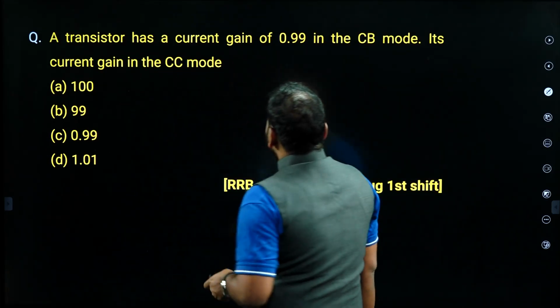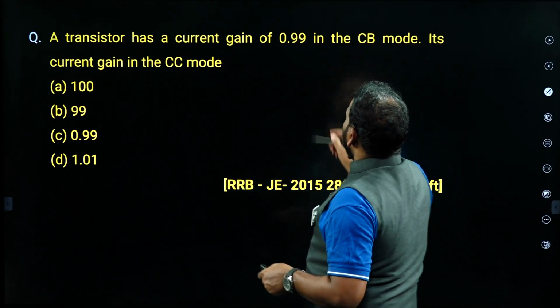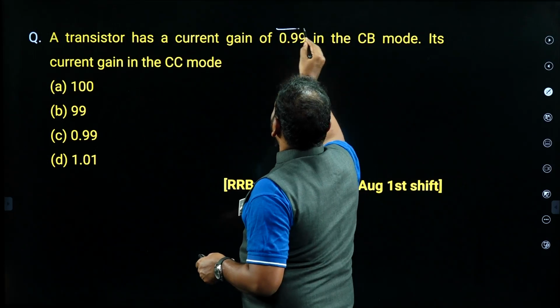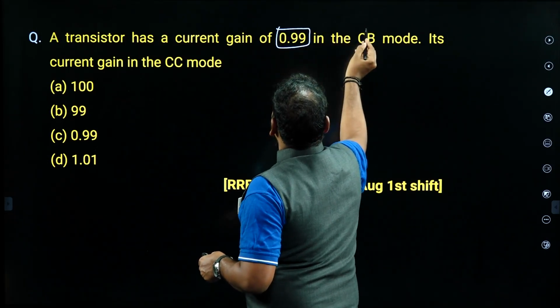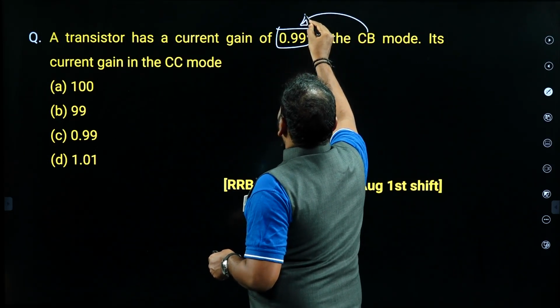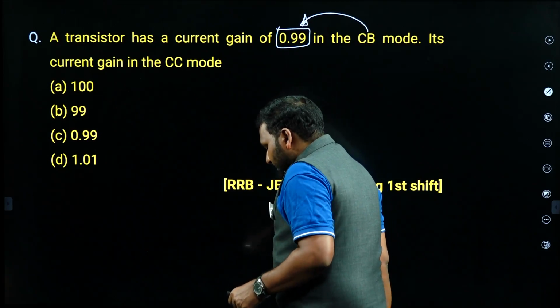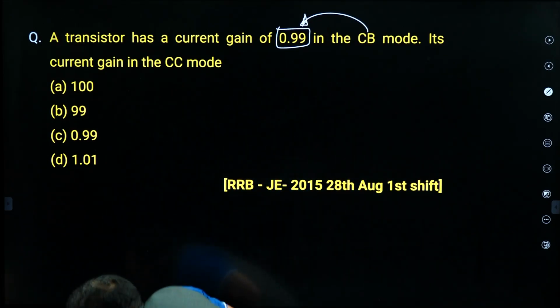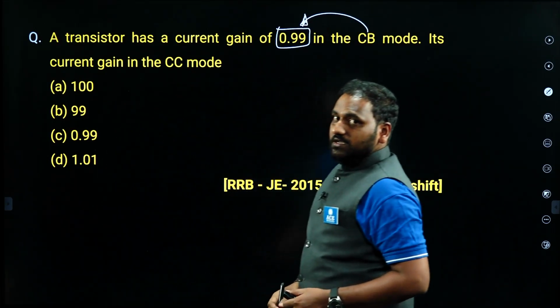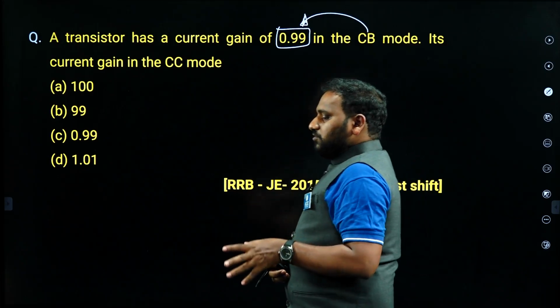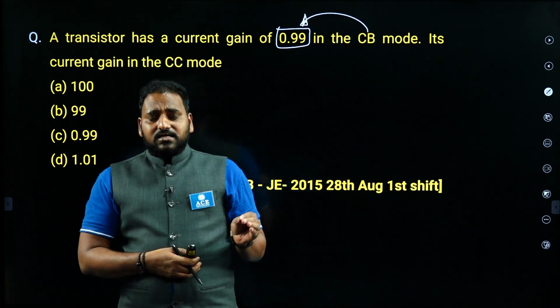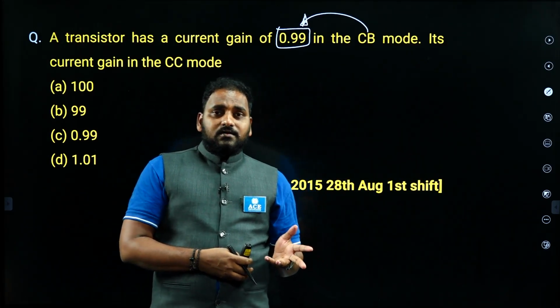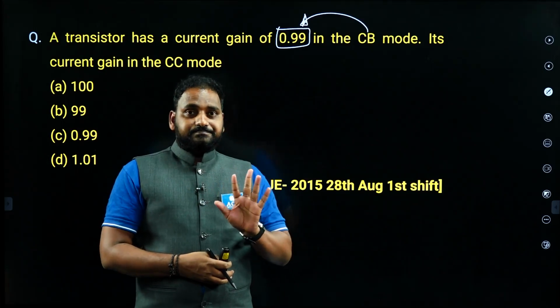A transistor has current gain of 0.99 in common base. Very good. Do you remember, during the lecture I highlighted this point. If I give current gain equal to 120, how can you decide whether it belongs to CE or CB? You cannot decide, it is highly impossible.